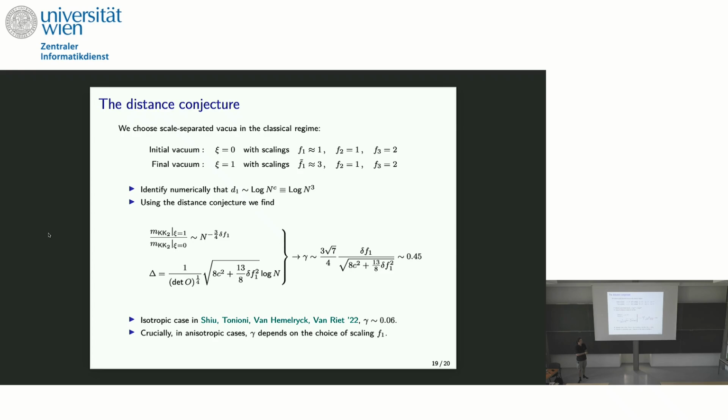So maybe there is some parameter space of these scalings where you can make this to be order 1. I don't know if you can make it larger than 1.